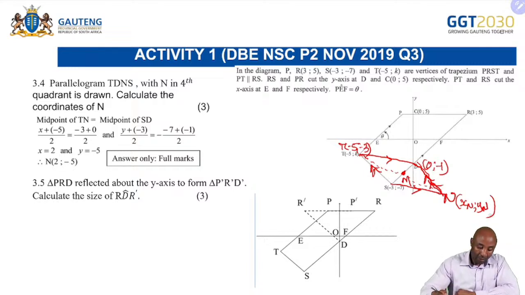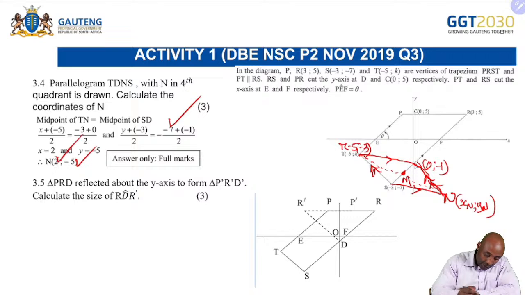So you'll get a mark for the method of getting our x and y values, and then for the answer, for this one the examiner was lenient: even if you have not shown the working, you are getting full marks, because like I'm indicating, you can use your translations or any other method.